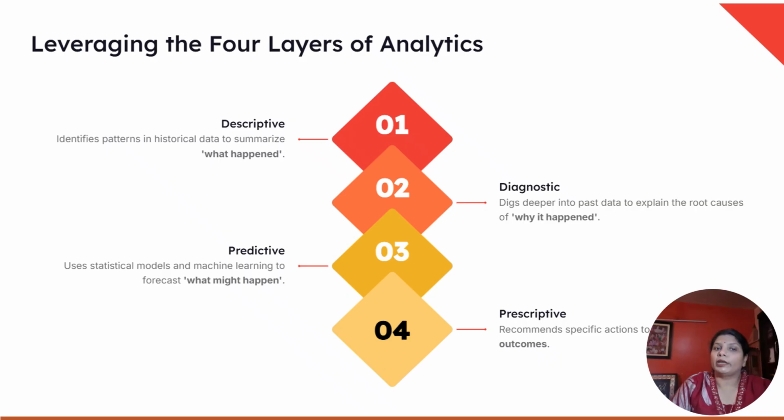So it answers what happened, as we have had a lot of talk on this in the previous slides. Summary statistics help managers understand past performance and identify patterns. The second layer is diagnostic analysis. Once you have collected the data, cleaned the data, and tested the reliability of the data, you go ahead with the four types of analysis.